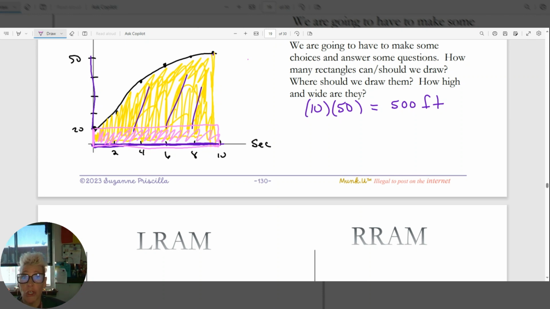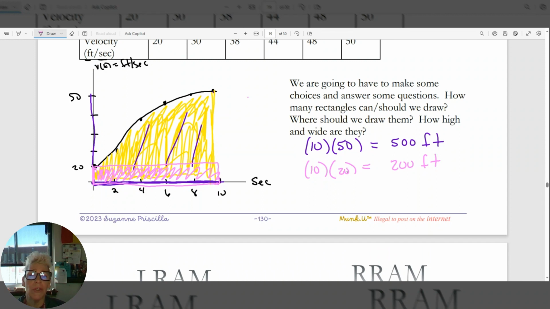That's a clear underestimate of how many feet we've traveled, but it's a rectangle, taking up the 10 seconds of time. So if it has a base of 10 and a height this time of 20, then we can say that maybe we've gone 200 feet over those 10 seconds. Clearly, 200 feet is an underestimate.